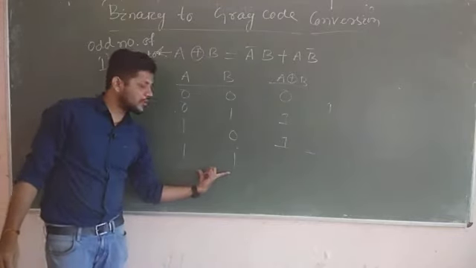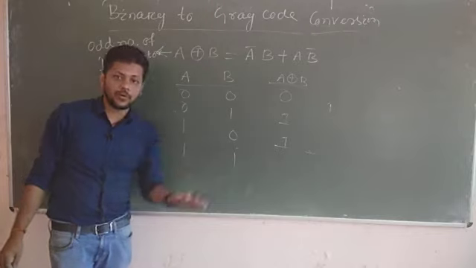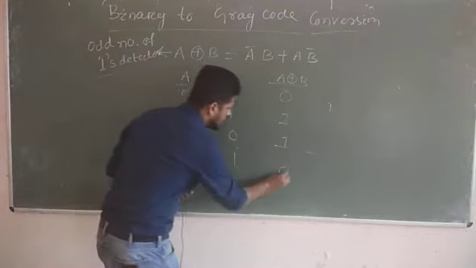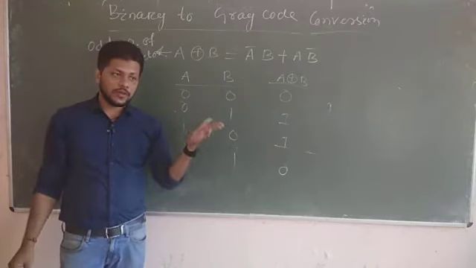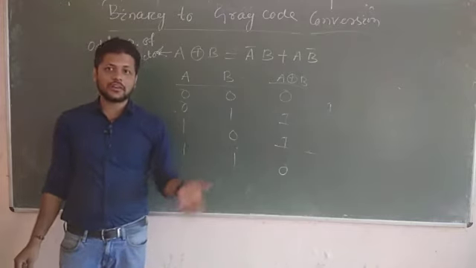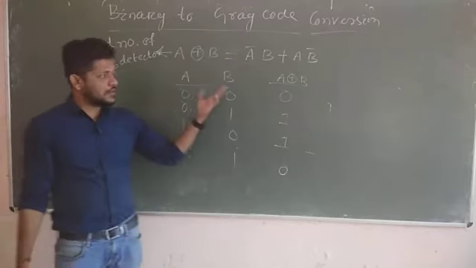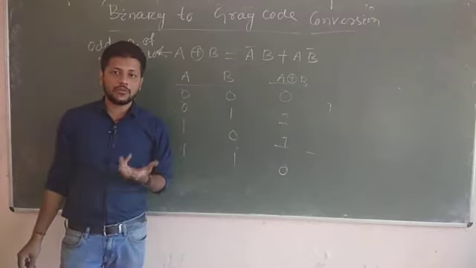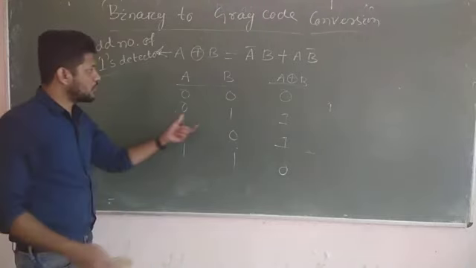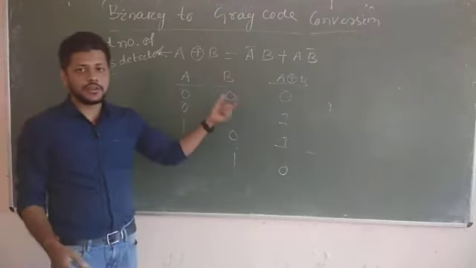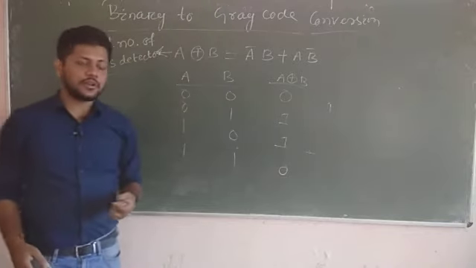Here 2 number of 1s I have given, 1 and 1, that means an even number of 1s is present, hence the output is 0. So the XOR gate output is 1 only when the input has an odd number of 1s. Hence the XOR gate satisfies the property of odd number of 1s detector. If you know this property, it is very helpful to you for the conversion from binary to gray.